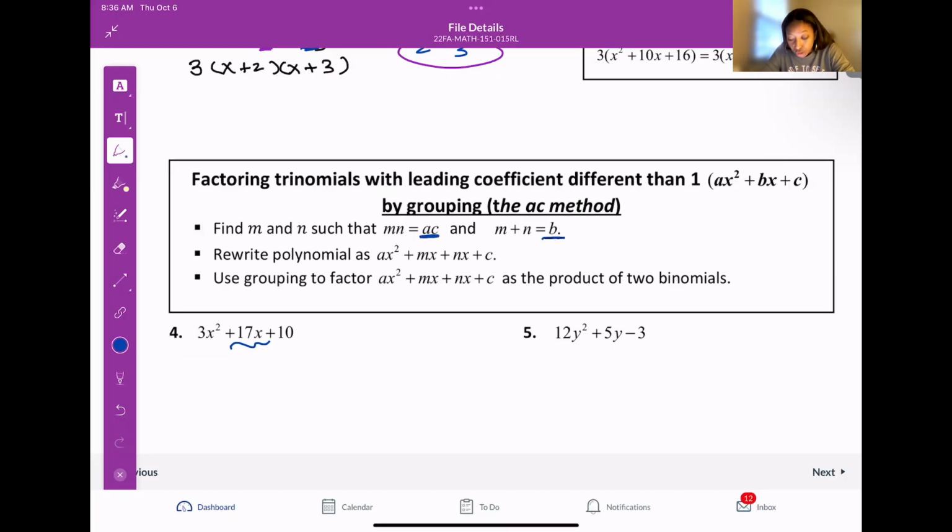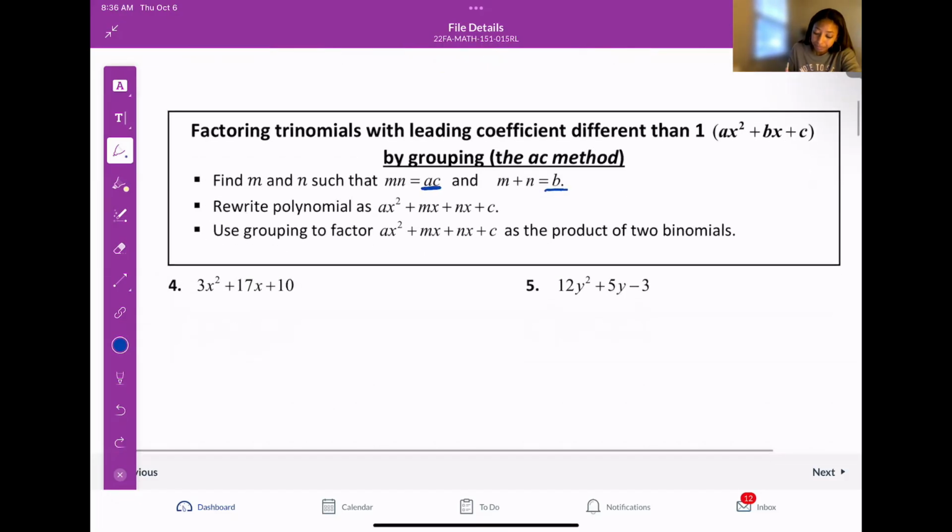Okay? So let's practice that. For our first problem here, 3x squared plus 17x plus 10. 3 times 10 is equal to 30.